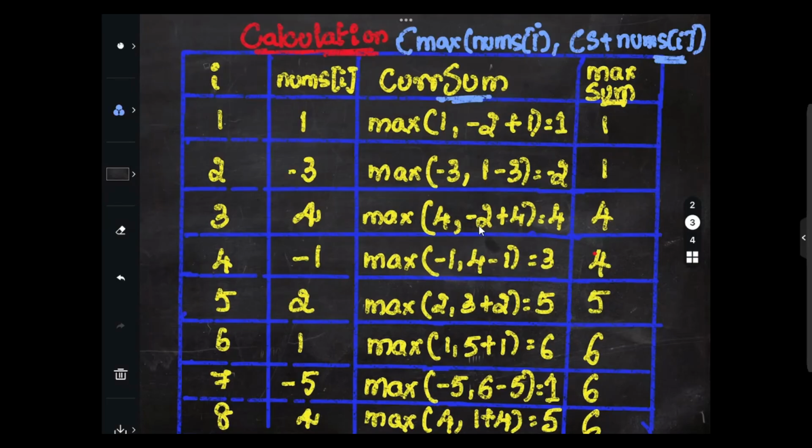I'll just write CS plus nums of i. Current sum in this case is the previous sum, the previous result that we got here. This one we will use as the current sum.